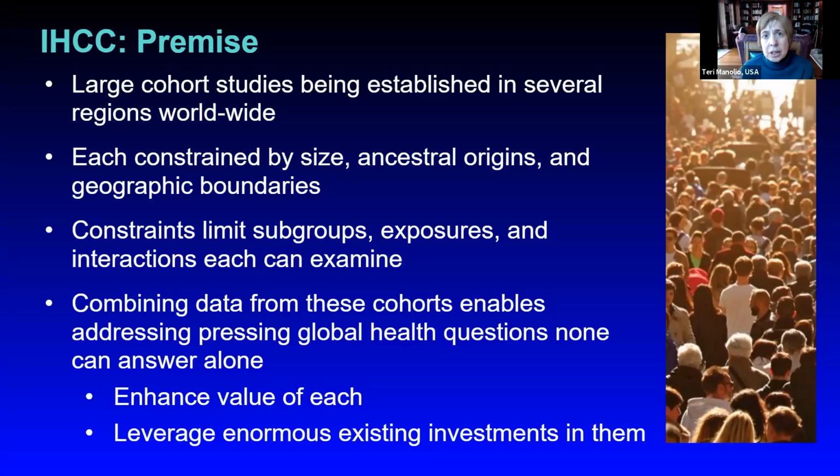And these constraints can limit the subgroups or exposures or interactions that each of them can examine. So combining data, if that were possible, from all these cohorts would permit addressing pressing global questions that none of them can answer alone, and enhance their value, as well as leveraging the existing investments.